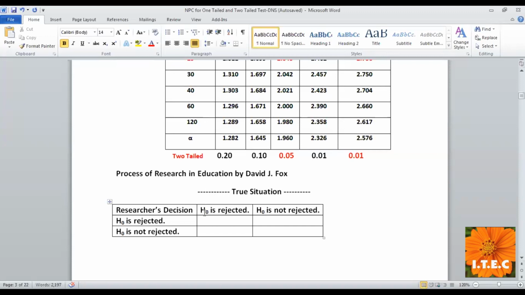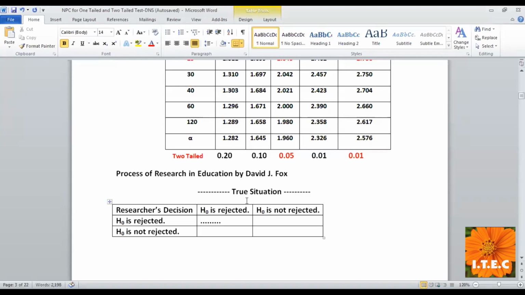Now, if the true situation is that your null hypothesis is rejected and the researcher is also rejecting it, then is there any error or no? There is no error.